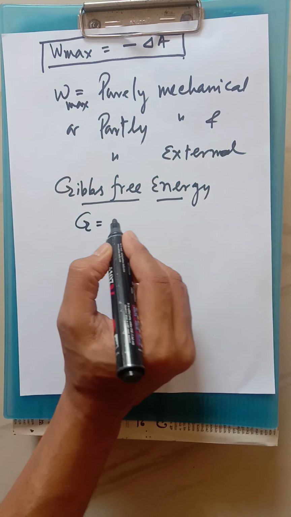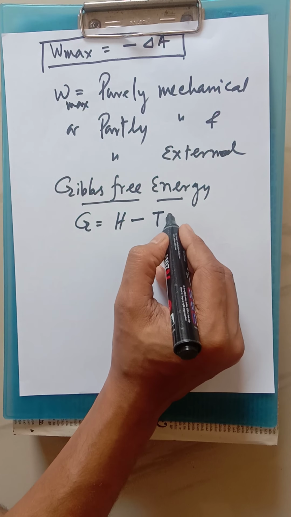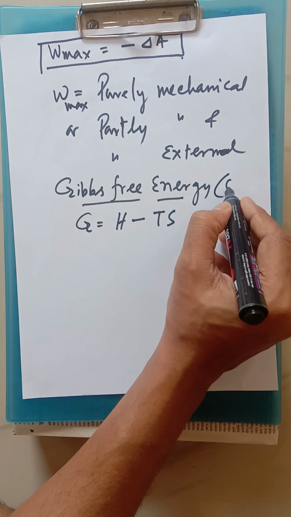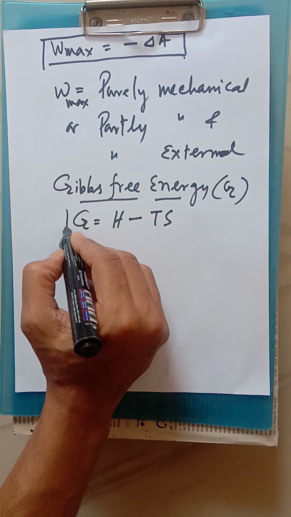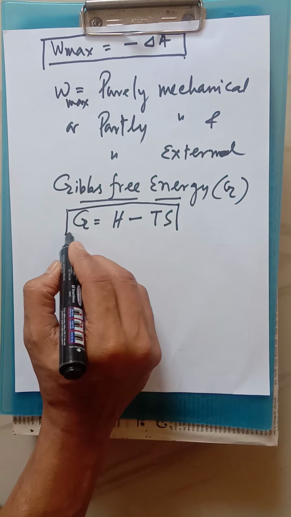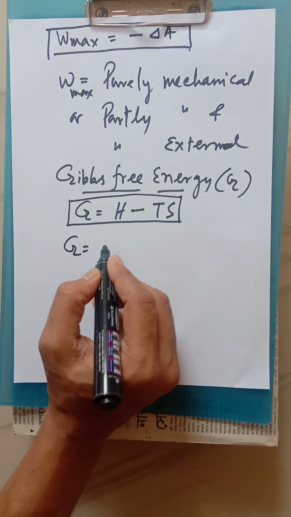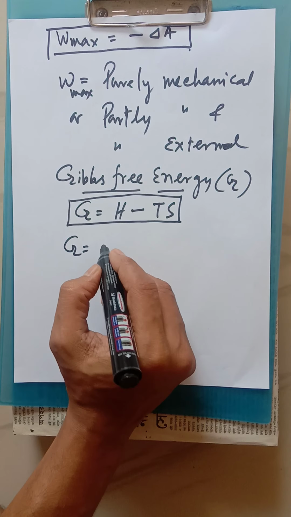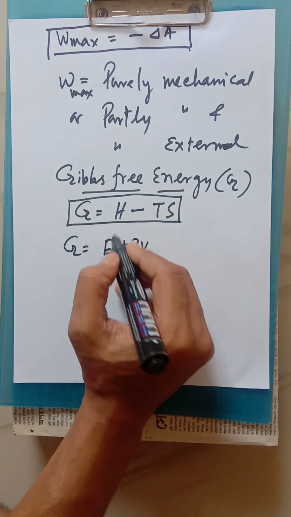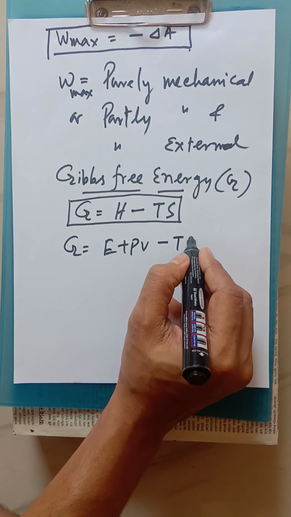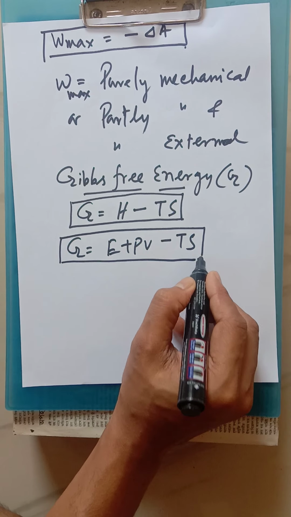Now the equation: Gibbs free energy is represented by G, so G equals H minus Ts. It is very important and we have to remember that. You can write E plus PV in place of H, because we all know that enthalpy is E plus PV. So we can write E plus PV minus Ts also. No problem.